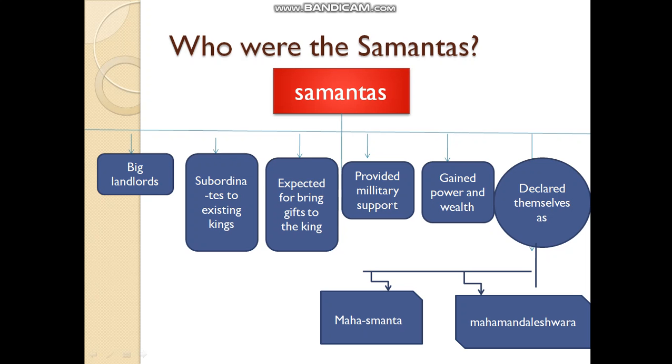Then they provided military support also, and they gained power and wealth and gave also power and wealth by supporting the king. Then, in the end, they declared themselves as Mahasamantas and Mahamandaleshwara. So, this was all about the Samantas, who were actually the subordinates or the supporters of the king or the empire.